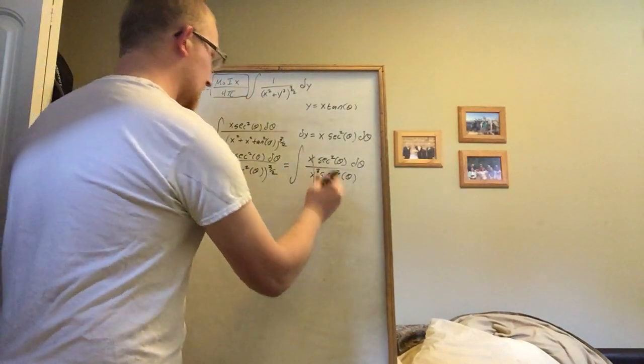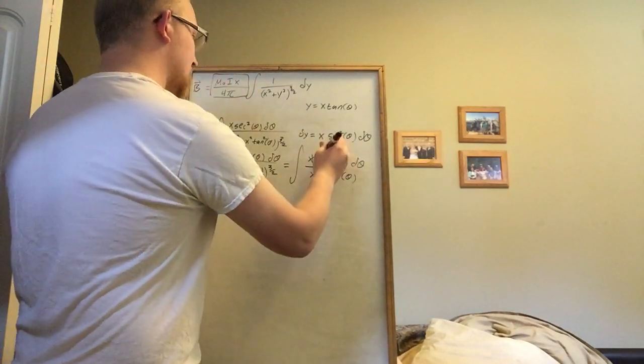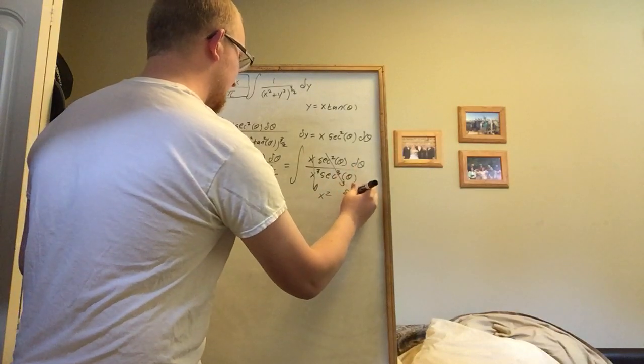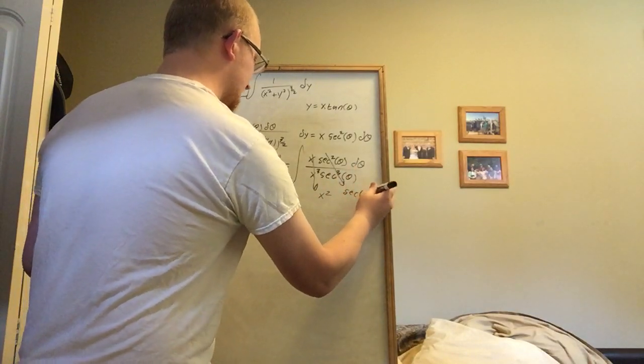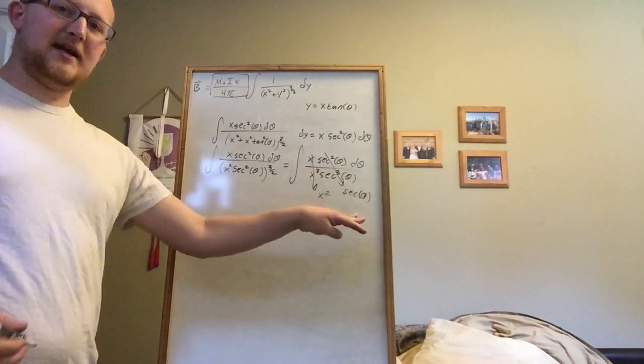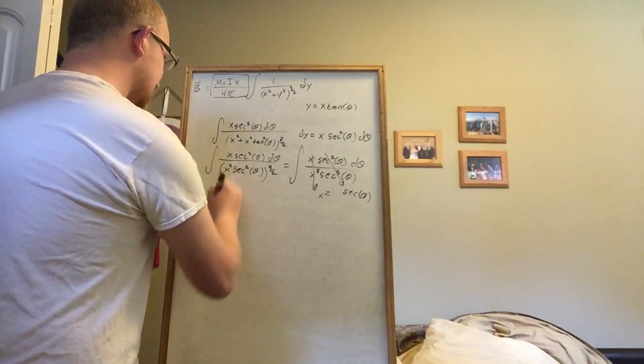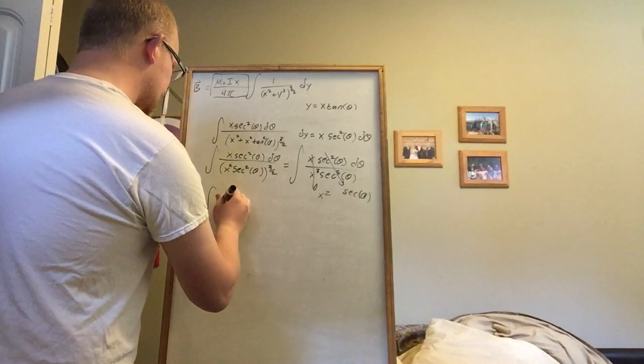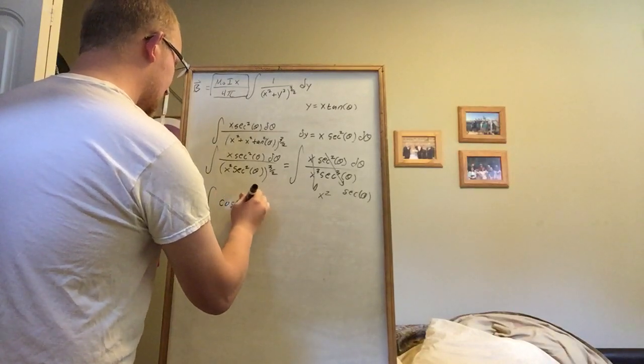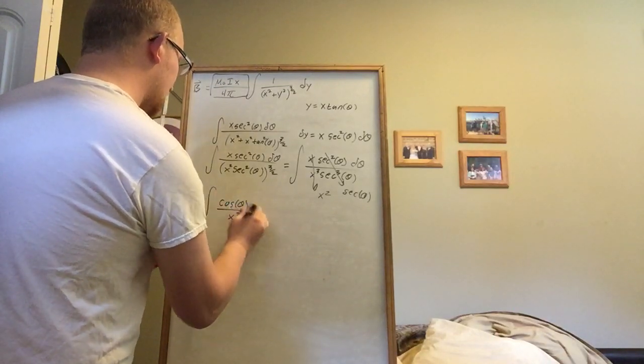And so the x's will cancel to x squared. There will be a secant in the denominator, secant theta. Now, if you'll recall, secant is defined as 1 over cosine. So we can go ahead and write this as cosine theta over x squared.